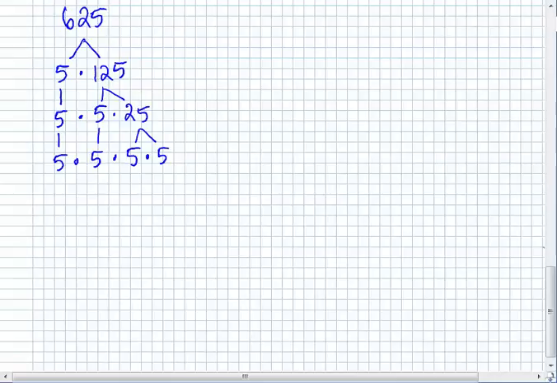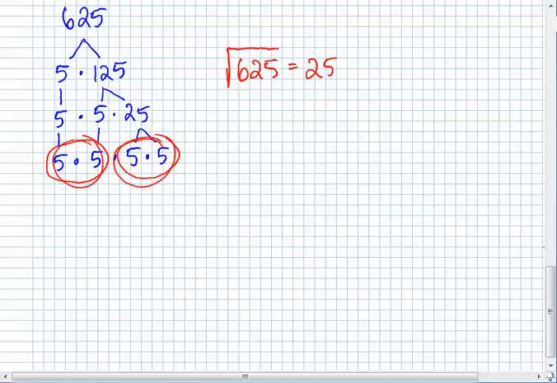In other words, I could write this a couple of different ways if I want to look at what I'm expressing here. If I group those two pairs of 5s together, 5 times 5 is 25. So I could say the square root of 625 is 25 because 25 times 25 is 625.